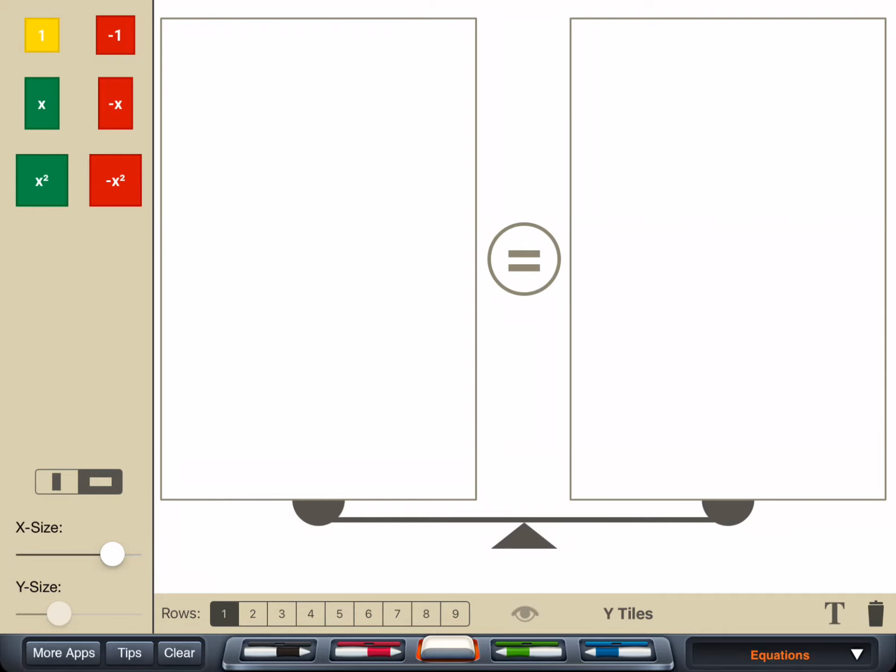So let's try this time x divided by 3 minus 1 equals 11. Okay, so pause again and try to solve that one, please.